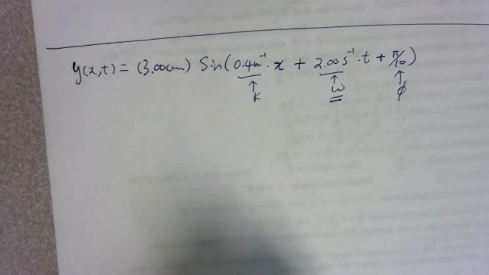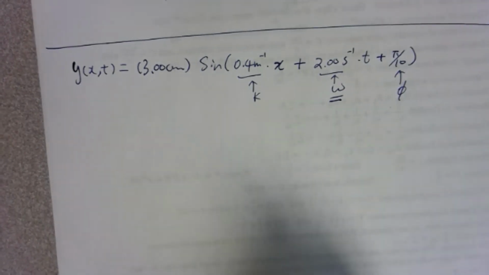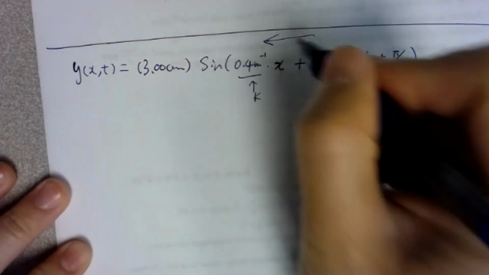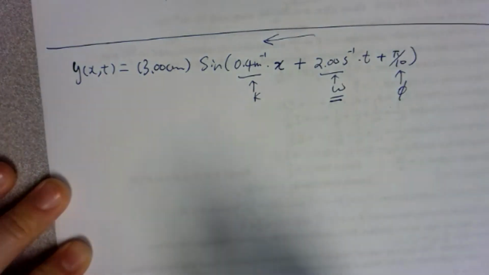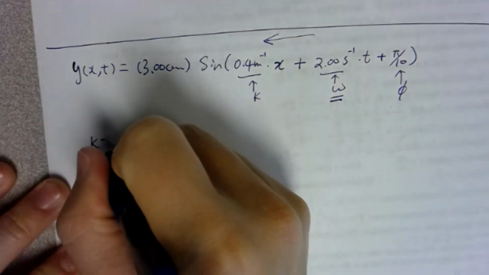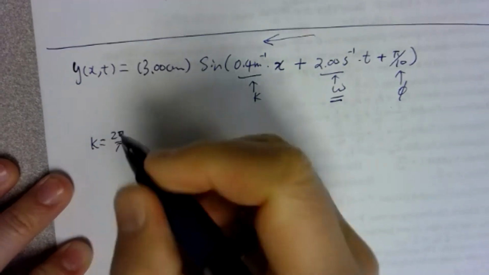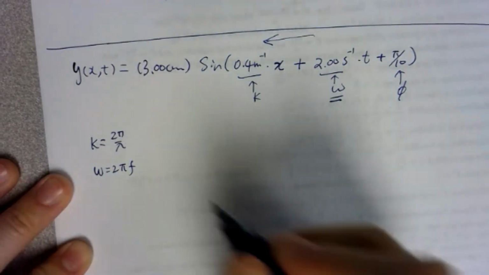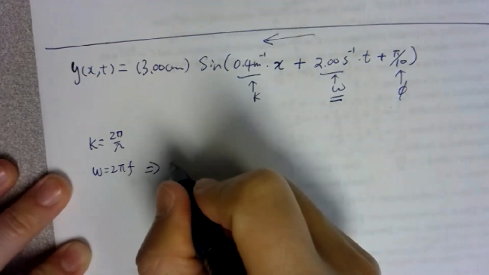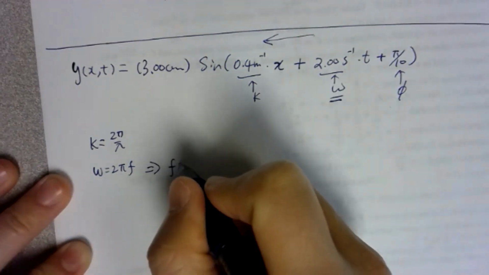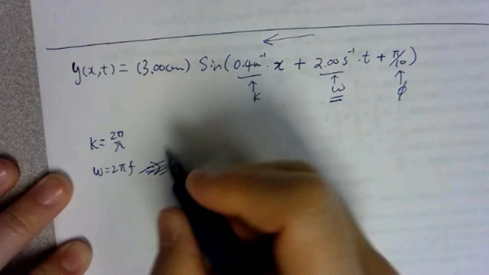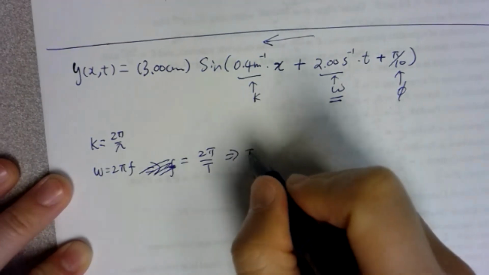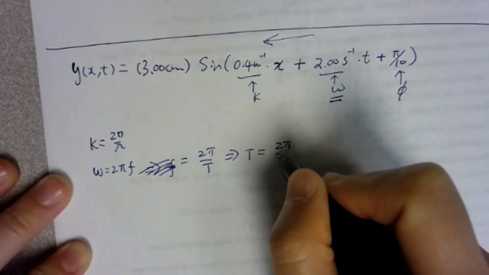All right. Now in this case the sign is plus, so it just means this wave is propagating to the left. So k equals 2 pi over lambda, and omega equals 2 pi f, which could also be equal to 2 pi divided by T. So T is equal to 2 pi over omega.